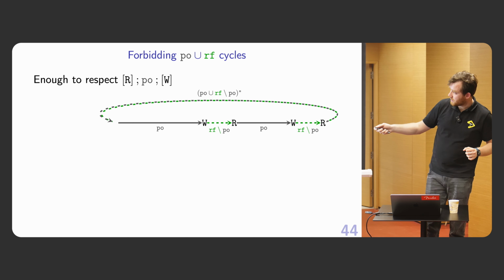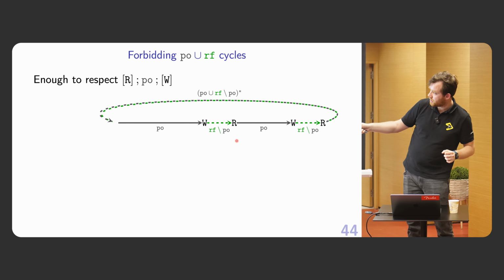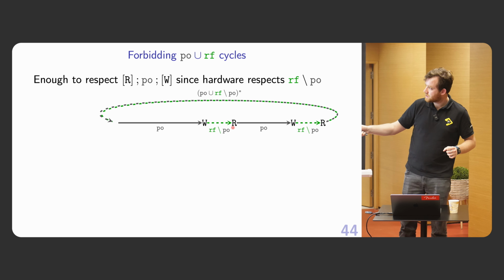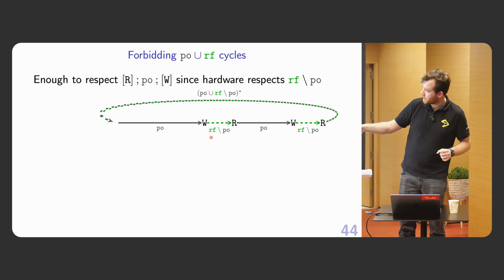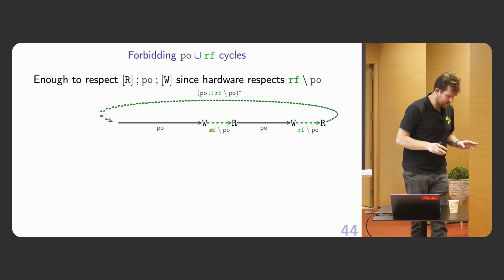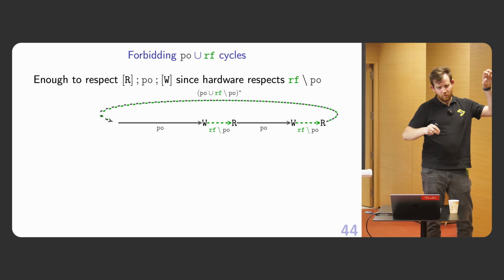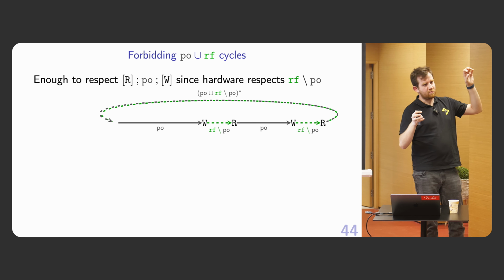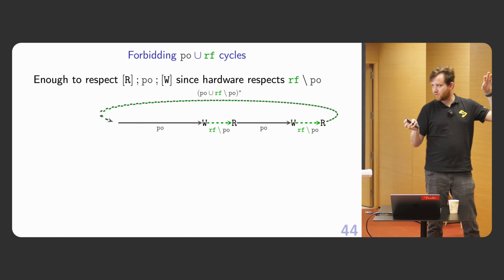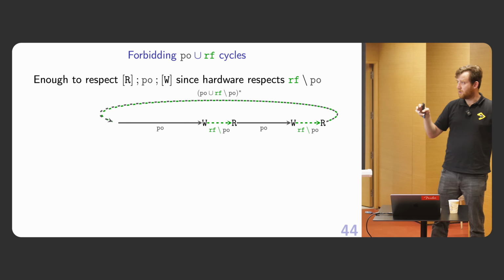and now if we consider where these RF and po edges go from, they go from write to read. So these RF minus po edges are always preserved in the sense that since they go from one thread to another, they couldn't be broken by any reordering or something like that, and actually they're respected by all hardware.